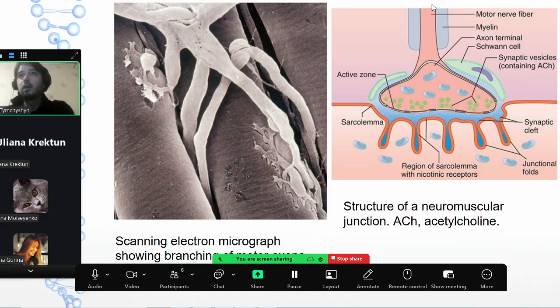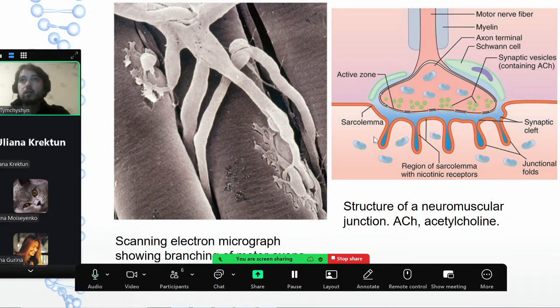Here the neuron is coming, and here is the axon terminal, and when the signal comes, here are synaptic vesicles that contain acetylcholine. This acetylcholine will go into the synaptic cleft, diffuse, and bind to the acetylcholine receptors.